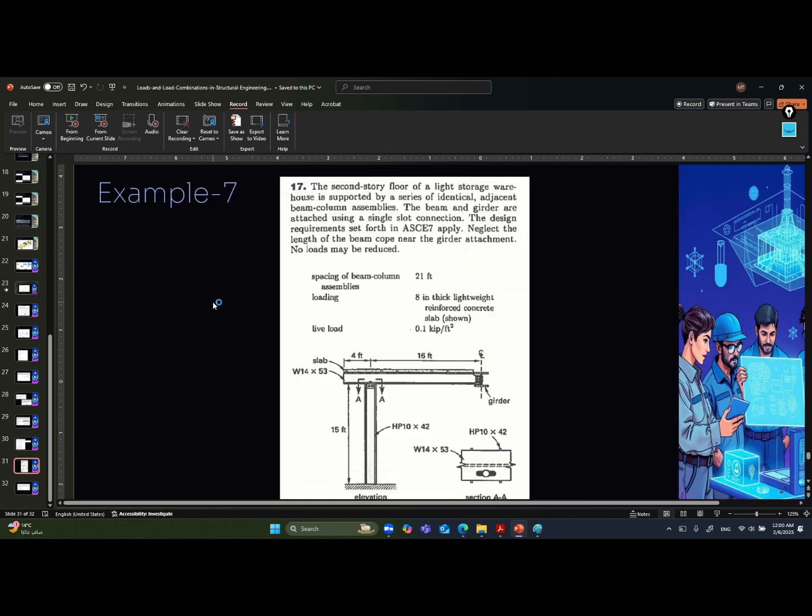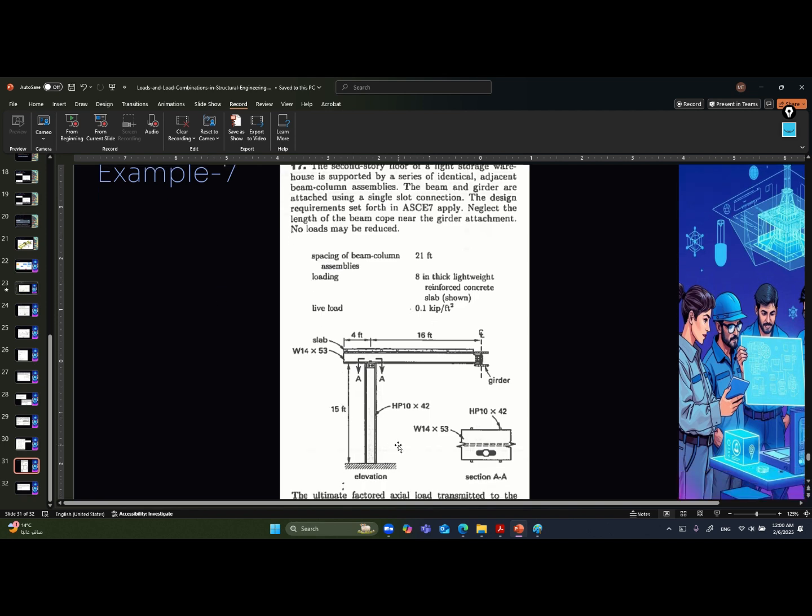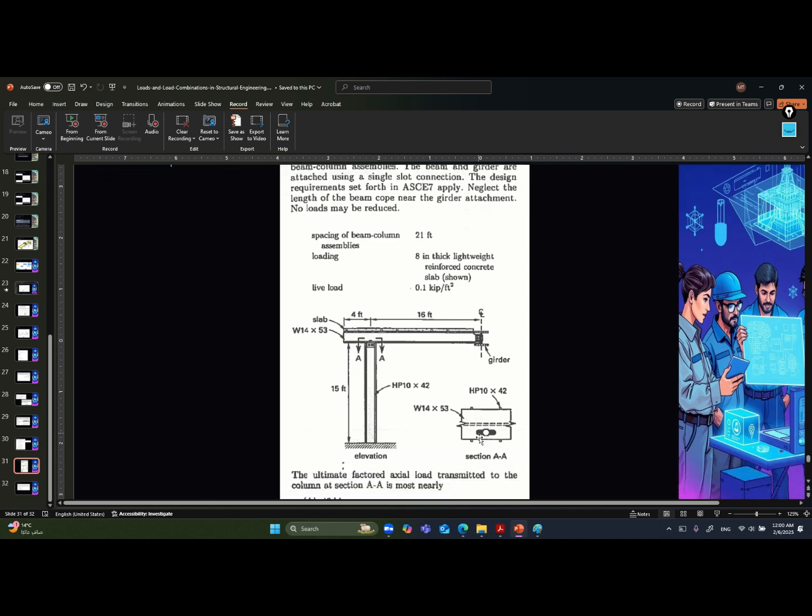Example number 7. This example is also important. It gives you a beam and a column, and in this column there is an expansion.